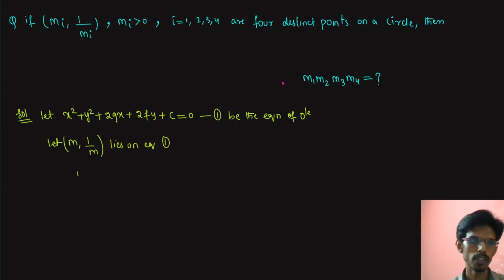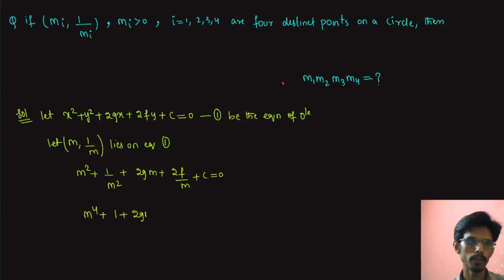Now substitute here: m square plus 1 by m square plus 2gm plus 2f by m plus c equal to 0. Now multiply this equation by m square, then we get m power 4 plus 1 plus 2g m cube plus 2f m plus c m square.